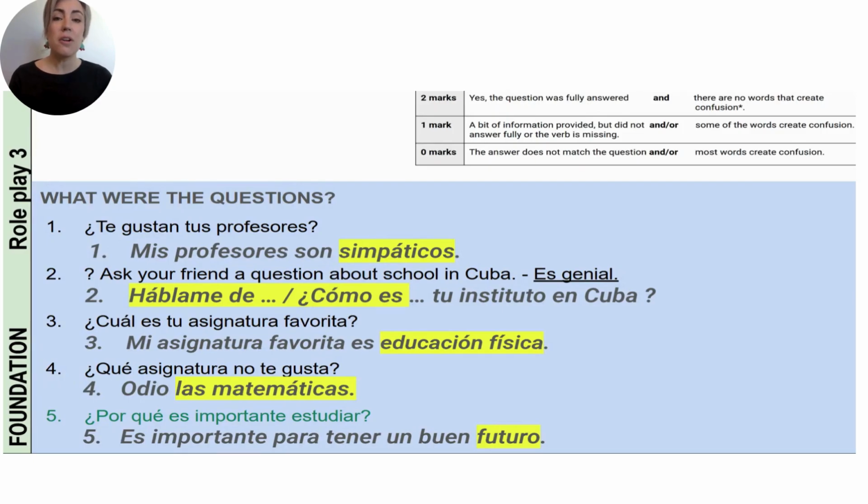Bueno, if you followed all the steps, you're very likely to get 2 marks per bullet point, and that would be 10 marks. And just remember, that's a really good chunk of your speaking exam, okay? And it's really the first thing you do, so it's the first thing that the examiner listening to it knows about you, okay? And it is sad, it is, but first impressions count.